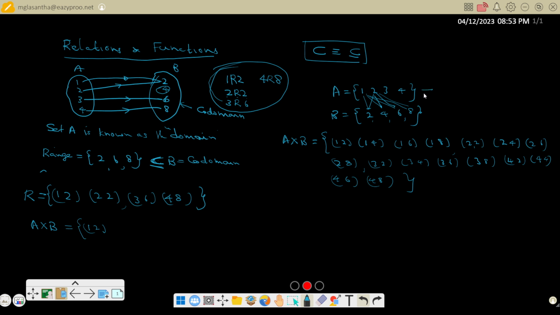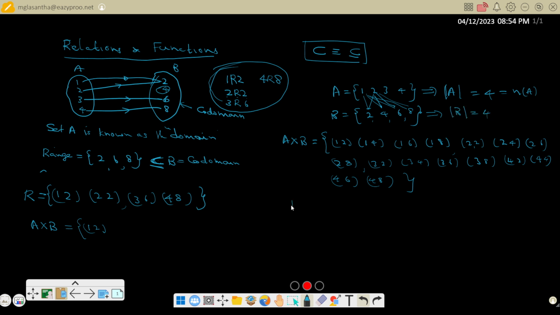What is the cardinality of capital A? The number of elements of a set is known as cardinality. Sometimes it is denoted by n(A). The cardinality of A is 4. The cardinality of B is also 4.